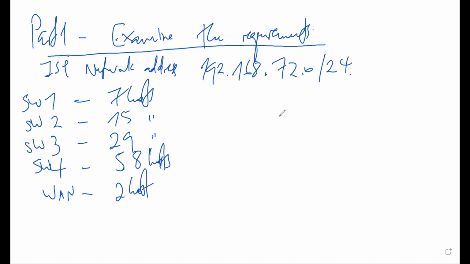Every time you have a one link, you have a router here and a router there. The connection between the two is a network on its own. So when you are doing your IP addressing, don't forget it's a network on its own.